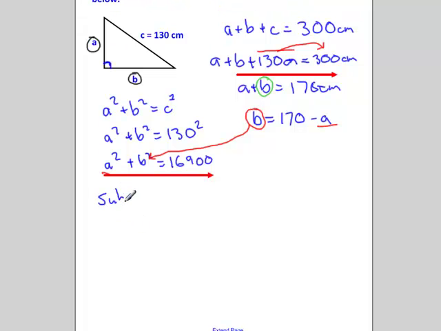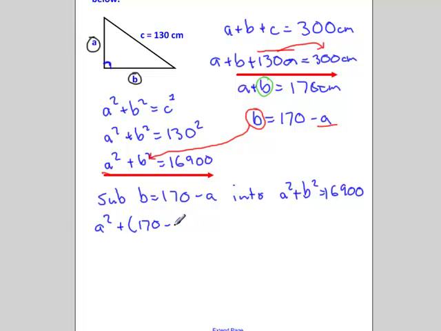Sub B is equal to 170 minus A into A squared plus B squared is equal to 16,900. When I do this, I get A squared plus, and instead of B, I'm going to write 170 minus A squared, because the original term B was squared, is equal to 16,900.